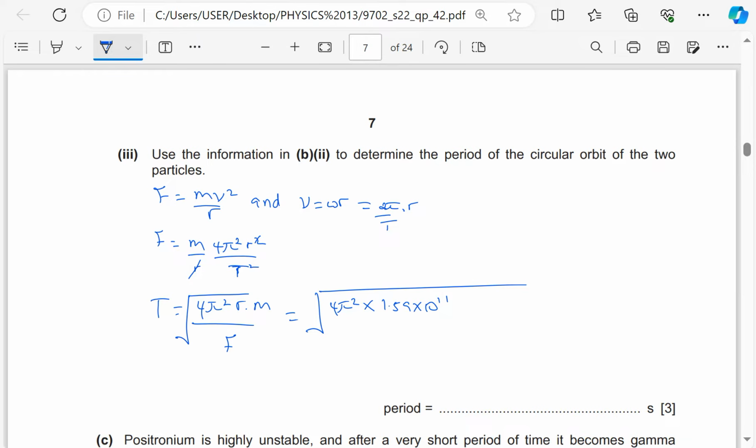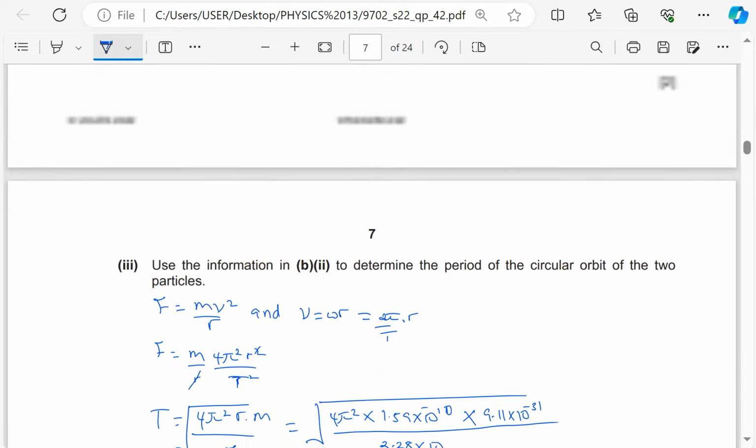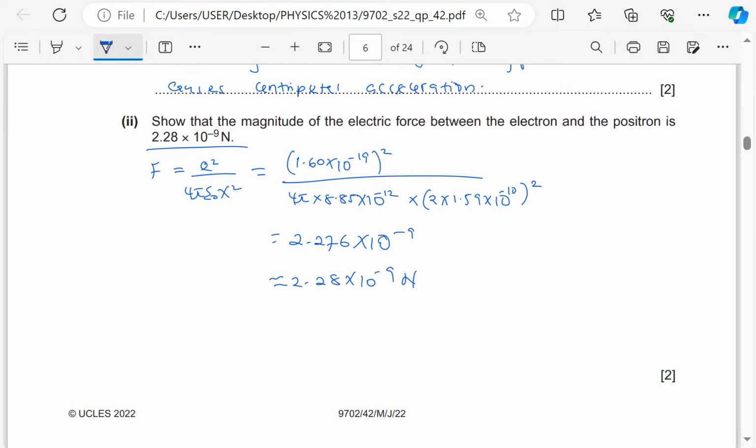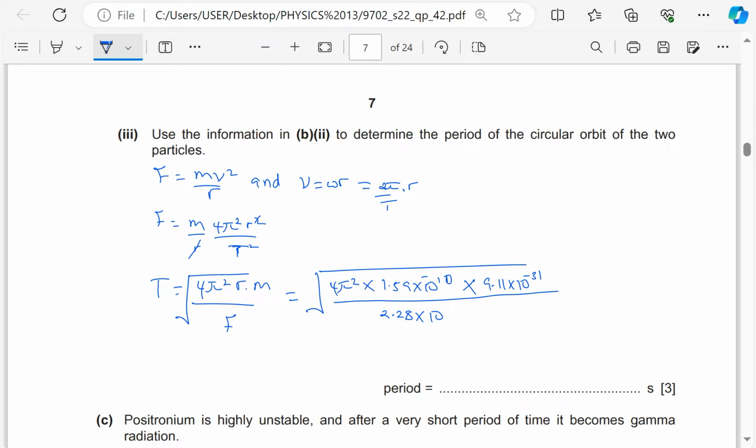No, it was minus 10, then times the mass. It is an electron, so the mass is 9.11 times 10 to the power of minus 31. Then divide this by the force we got as 2.28 times 10 to the power of minus 9.